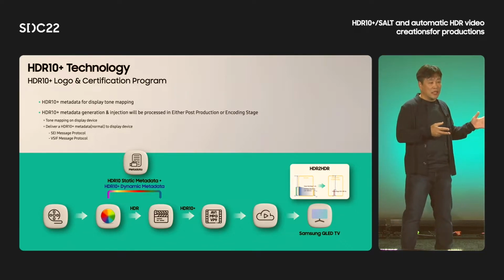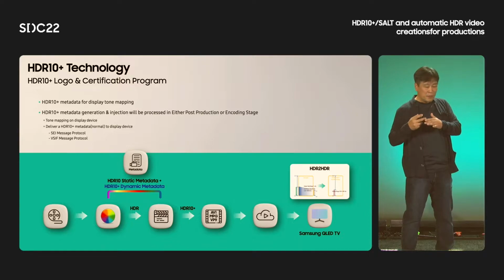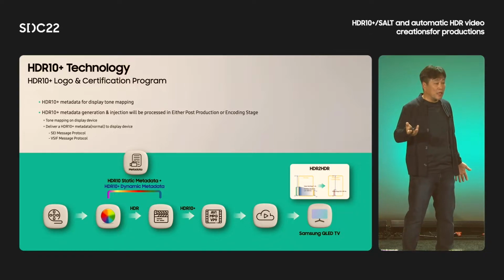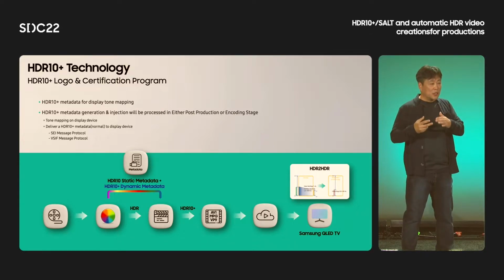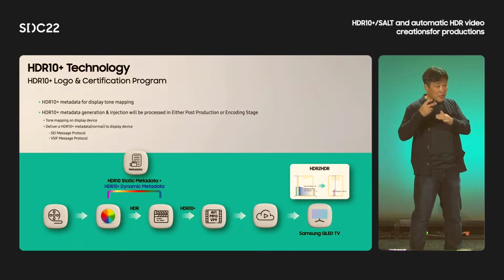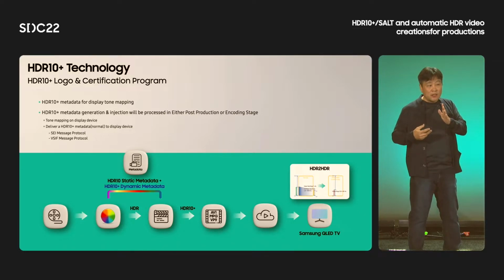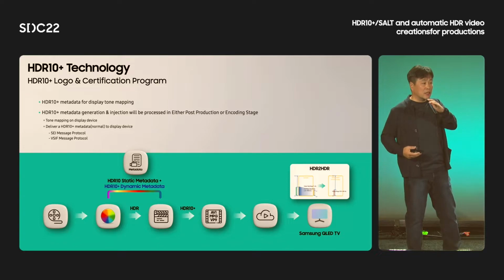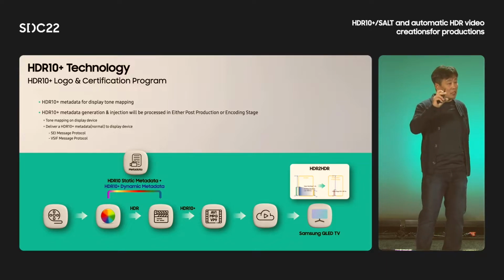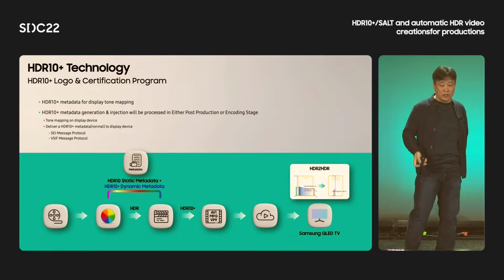And once they send the content to the display device, because display devices have a very big variance, the low-end TV is only capable of rendering 250 nit, but the high-end TV may be 1,500 nit. So you need more adaptive processing for each display device. But still, all of the displays should keep the quality, keeping the creator intent. That is the bottom line, the baseline to keep the quality.